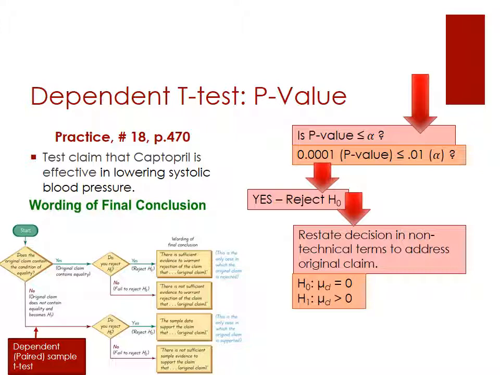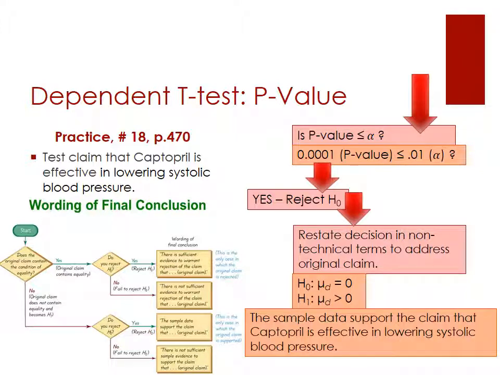Make sure you're coming down the correct path, the way I've got them labeled for the dependent paired samples. Then we get this sentence: the sample data support the claim that captopril is effective in lowering systolic blood pressure. So this concludes our tutorial looking at the p-value approach. The last one we're going to have is looking at the confidence interval.